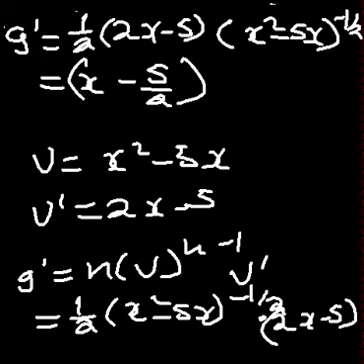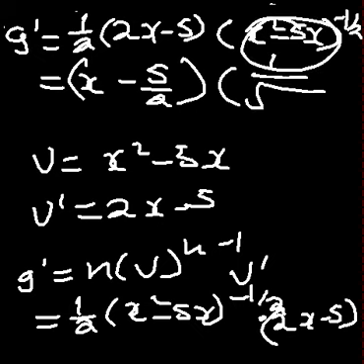Using the laws of indices, that one is the same as 1 over the square root of this expression. So that's the essence behind the actual chain rule for that case.